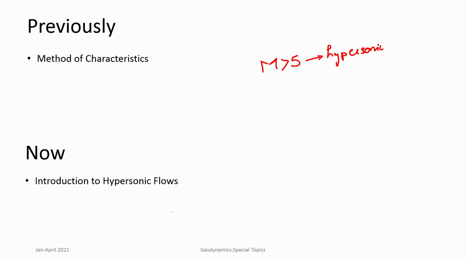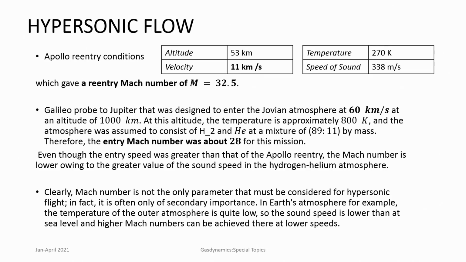Hypersonic flows are important in several cases, especially for cases involving travel to space and return and so on. But even nowadays people are also looking at hypersonic flows at lower altitudes.